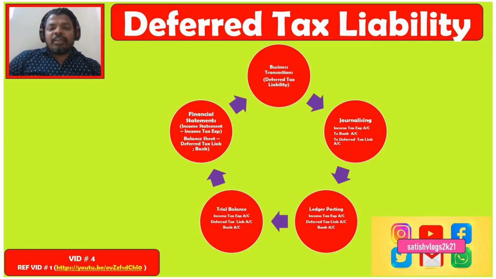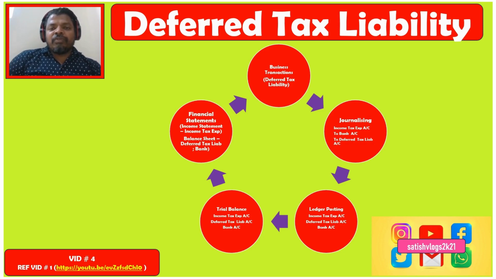As explained in my previous slide, this deferred tax liability would primarily arise because of the temporary differences between book profits versus taxable profit. To explain this concept in a better way, I would be considering an example of depreciation.